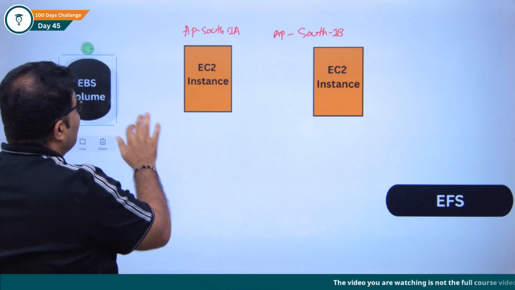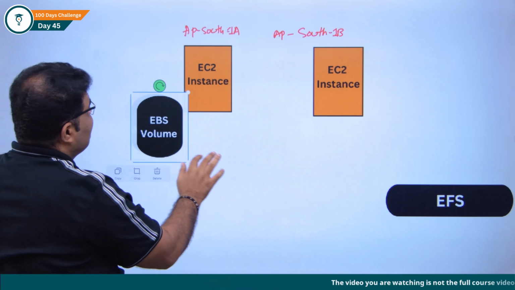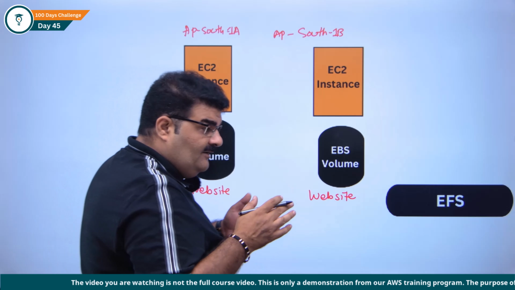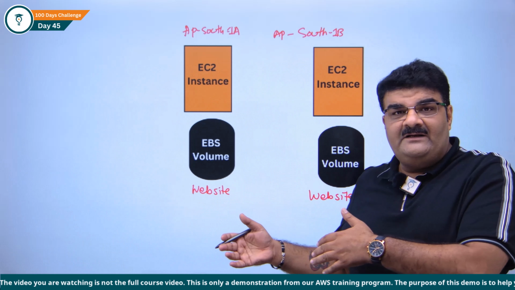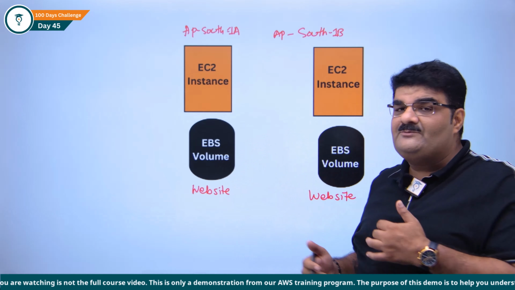I have to attach this one with this EC2 instance, and then I can put my website here separately in this EBS volume, and I have to put my website here in this EBS volume as well. Now here, we have two identical websites loaded into these two EBS volumes.